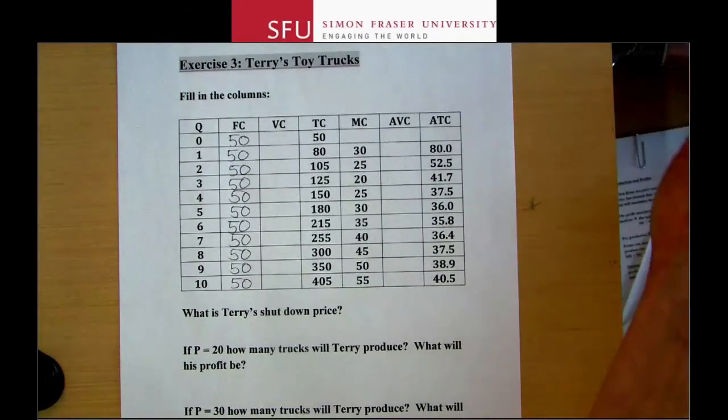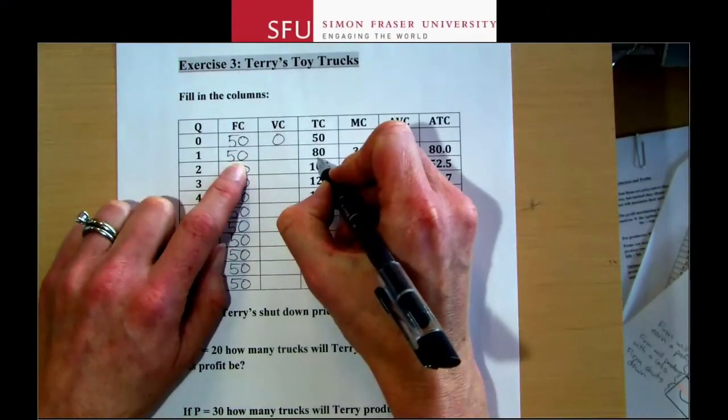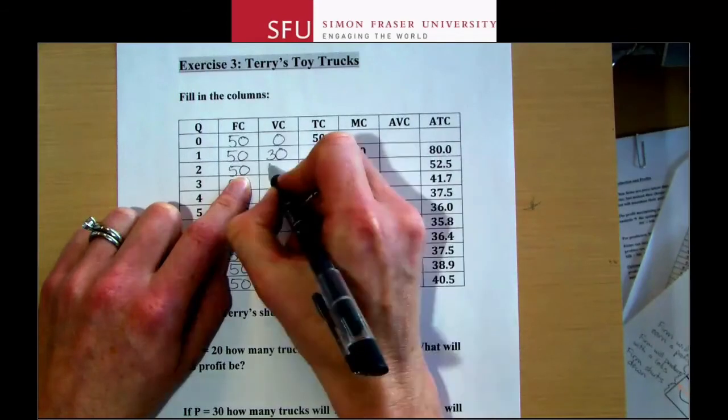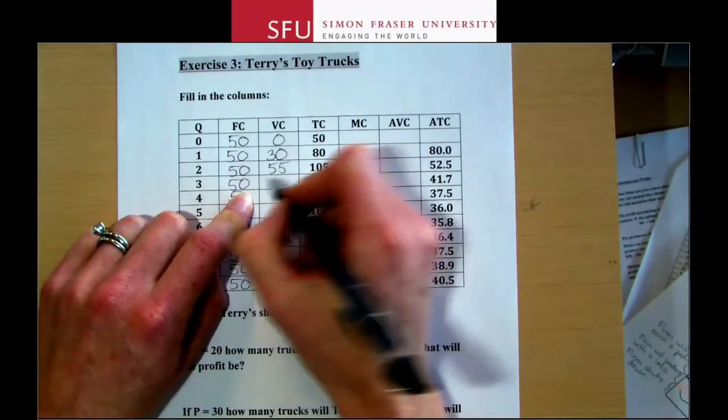And then the variable cost is just the difference between the total cost and the fixed cost. Okay, so obviously 0 here. 80 minus 50, 105 minus 50, 125 minus 50, and so on.